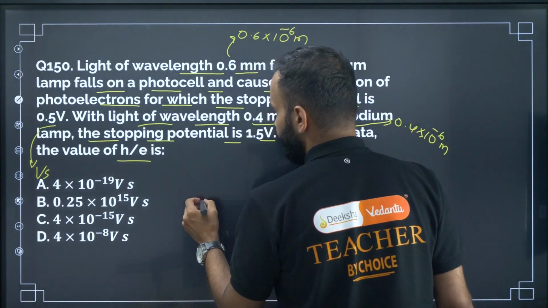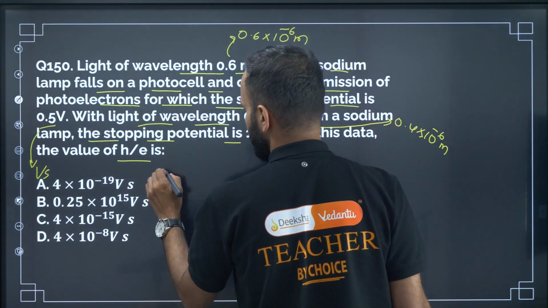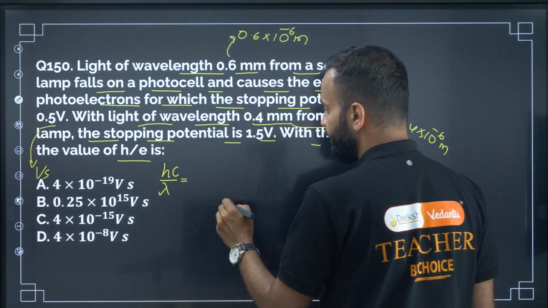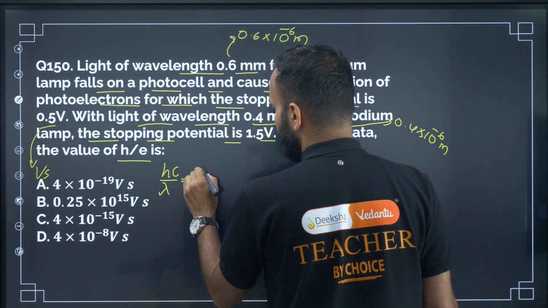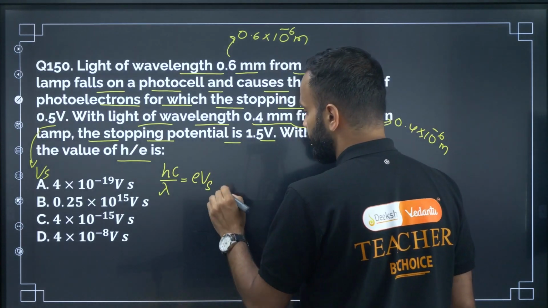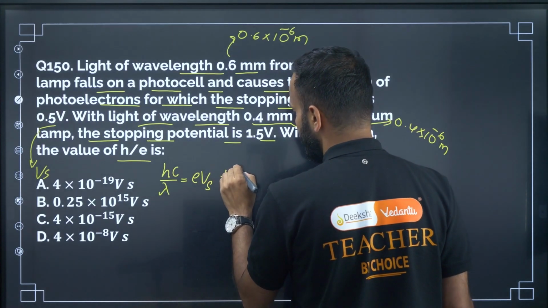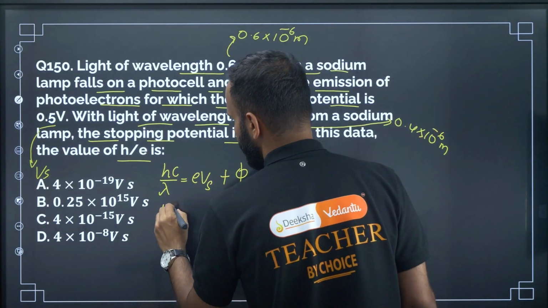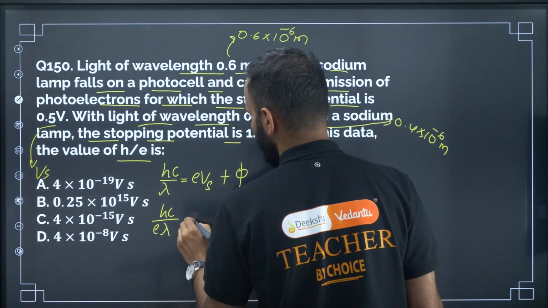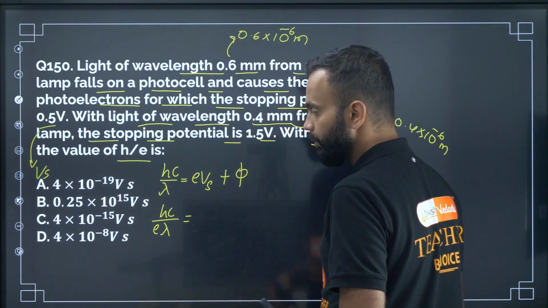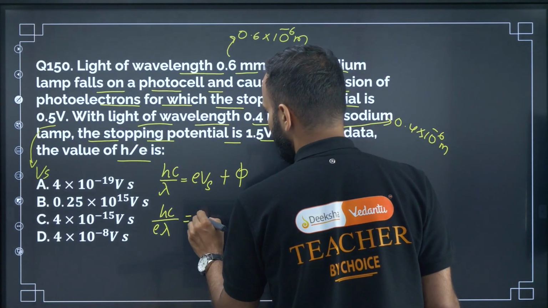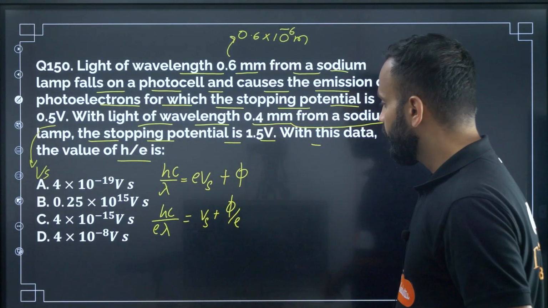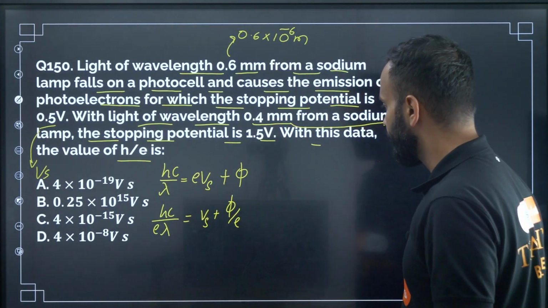Okay, so let us write the photoelectric equation. hc divided by lambda is equal to the maximum kinetic energy of the electron, e into Vs, plus work function phi, right? Now hc divided by e lambda is equal to Vs plus phi divided by e.